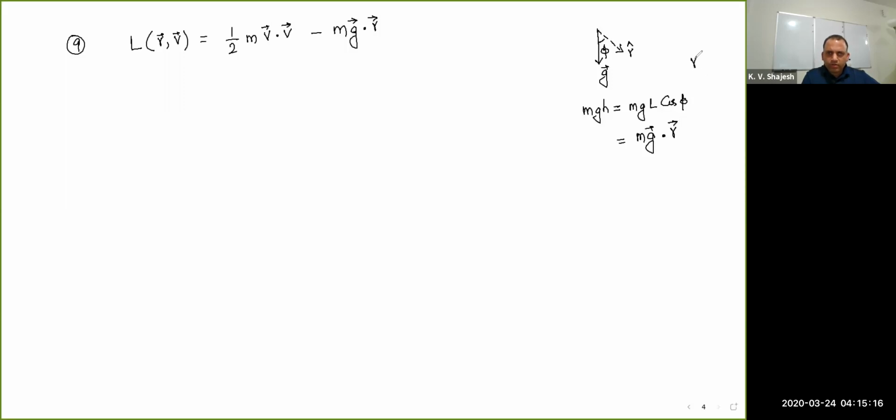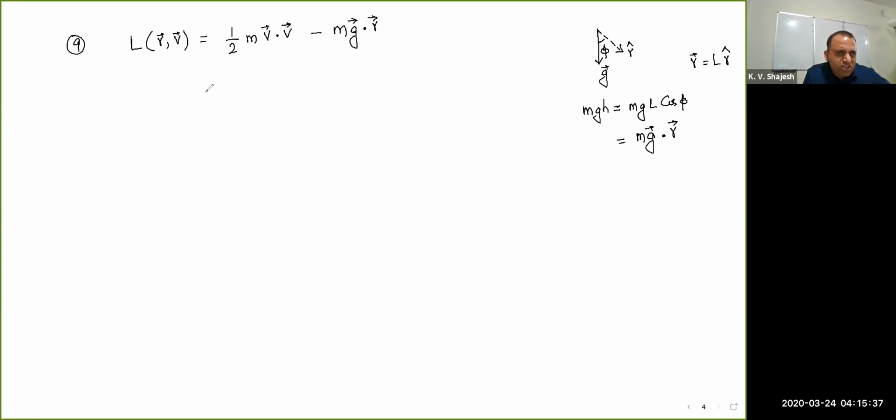Remember, vector r is equal to L times r hat. So that's just writing whatever we have known in terms of vectors, just to have an insight of what's going on.